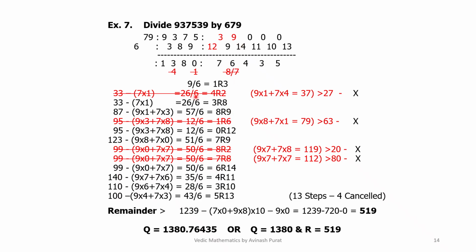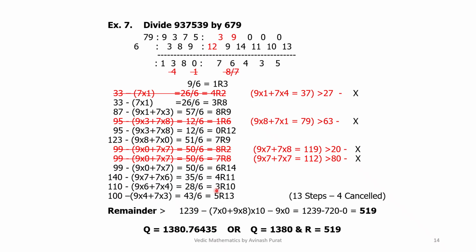Now 140 minus 9 into 7 plus 7 into 6 equal to 35 divided by 6. The quotient is 4, remainder is 11. So 110 minus 9 into 6 plus 7 into 4 equal to 28, divided by 6.